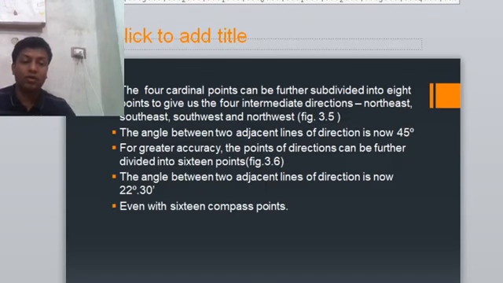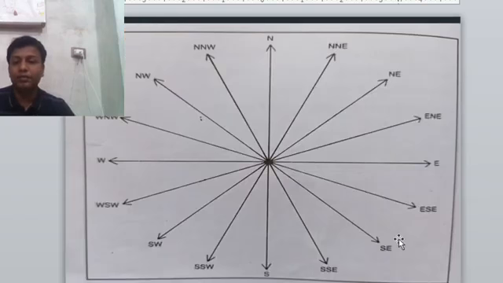Now have a look. So dear, this north is divided into north, northeast. That means now this is the origin, and you can divide this part, north and northeast, into north-northeast. Okay. So keep in mind.